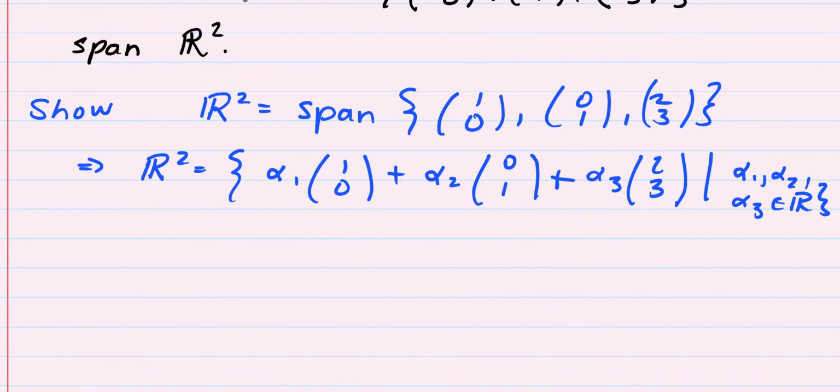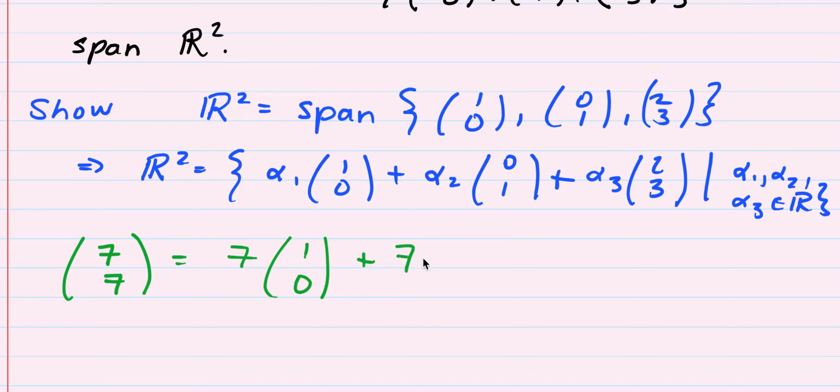Well, you could do this. We could do a couple of examples by you just providing me a vector. So let's say you gave me the vector 7, 7. Can you write this vector as multiples of these vectors added together? Well, sure, you could say this is 7 times (1, 0), plus 7 times (0, 1), plus 0 times (2, 3).